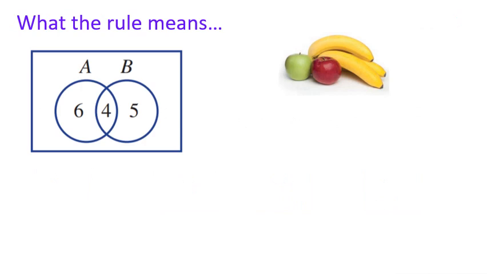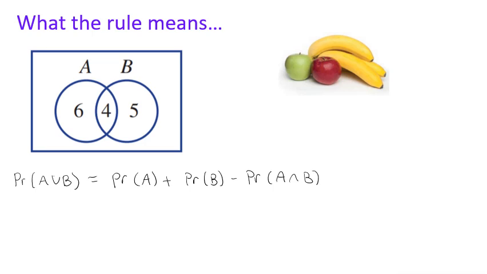I'll just explain the rule with an actual example. So the rule is probability of A or B equals the probability of A plus the probability of B minus the probability of A and B. With this example here, the probability of A, so A is this section here.